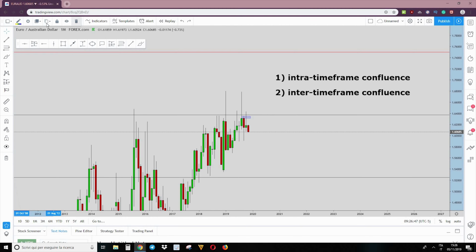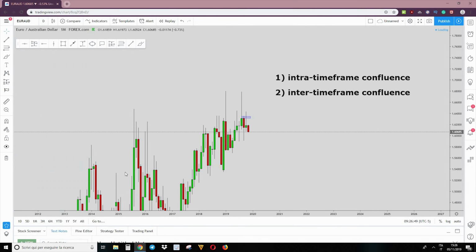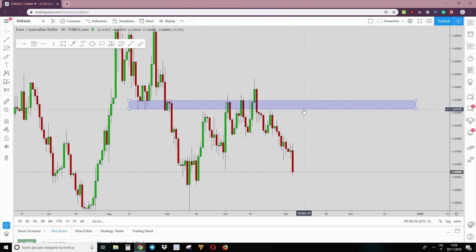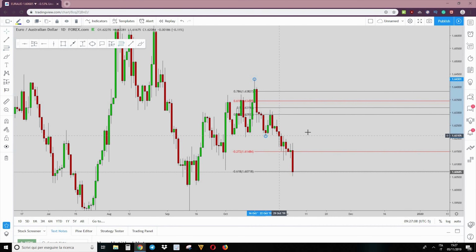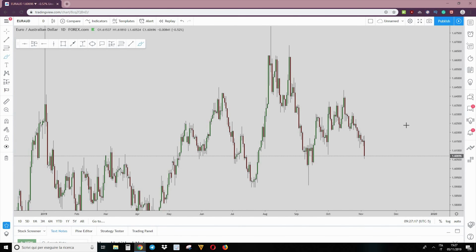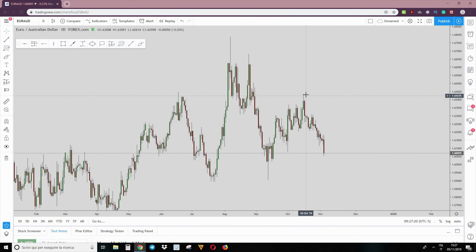And again, dropping down on the daily time frame, so checking another time frame, you clearly have even more confluence on the daily time frame, so more inter time frame confluence, given by the fact that you have this impulse, correction, and you're expecting the next impulse to the downside. And if you take your Fibonacci from the high to the low, you clearly see that the market is rejecting the 382 Fibonacci.